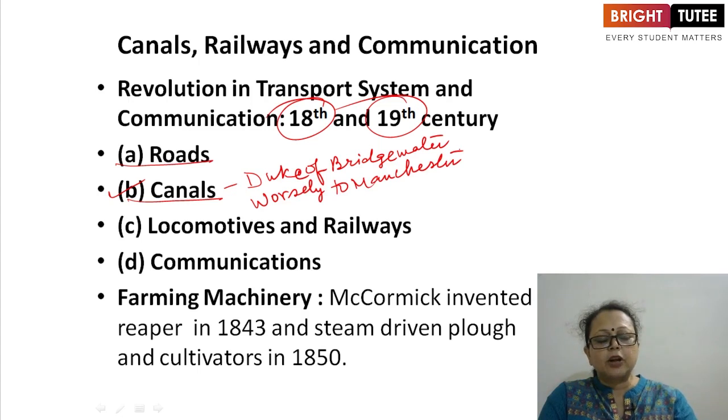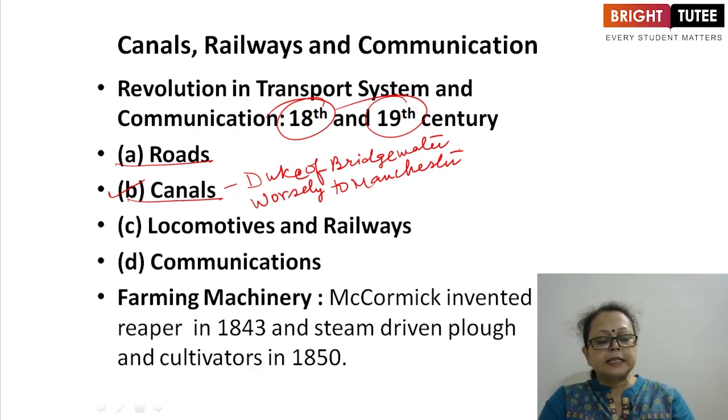Later on, many new canals opened up the industrial areas of Lancashire and Yorkshire. These were two prominent industrial towns and cities of Great Britain, and in Yorkshire the coalfields were also there. The confluence of canals created marketing centers.